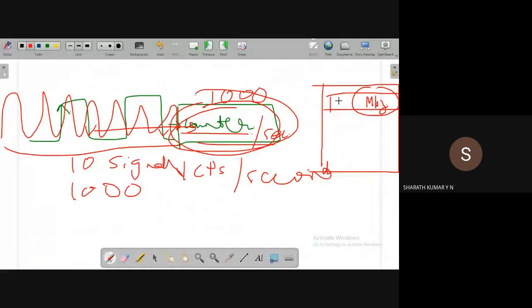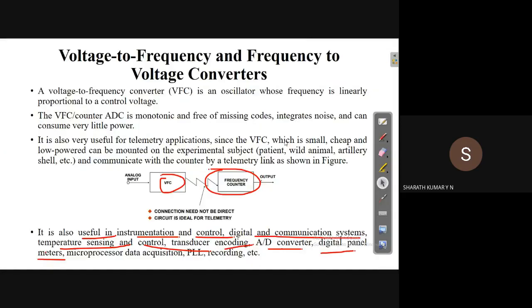It indicates the output in digital form, for example 1000 or 10 megahertz. The input is an analog signal, and the output is a digital measurement indicating device, which is nothing but a counter application. Other applications are microprocessor data acquisition, PLL, recording, etc. So in all these applications, we make use of voltage to frequency conversion.